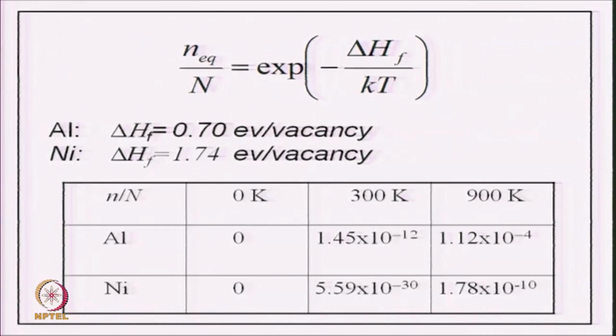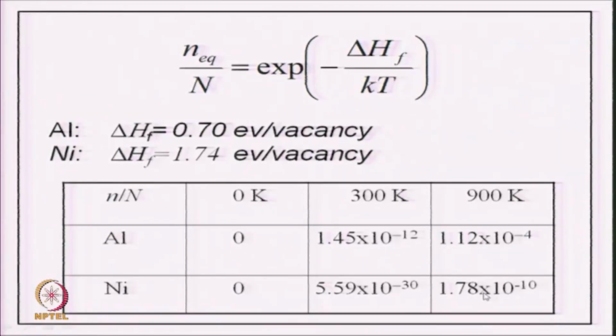Now, if you use this expression to calculate for 0 Kelvin, of course, if T is 0, the argument is infinity and exponential of minus infinity will always be 0. So, whether it is aluminum or nickel, there is 0 concentration of vacancy at absolute 0. But at all other temperatures, there will be a certain fraction of sites which will be vacant, and these are the fractions shown here.